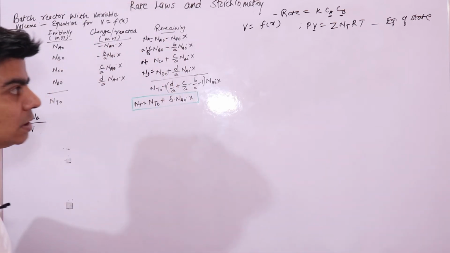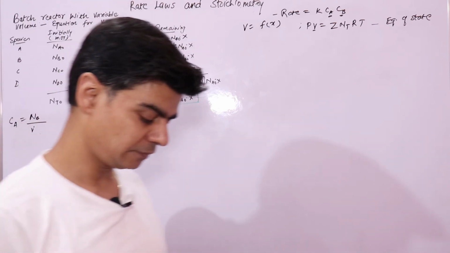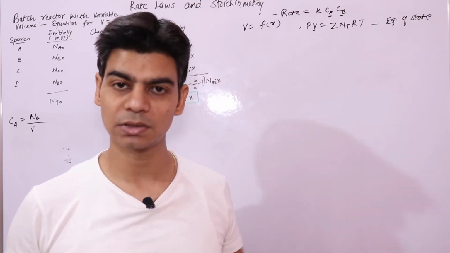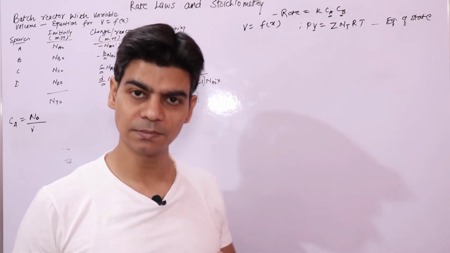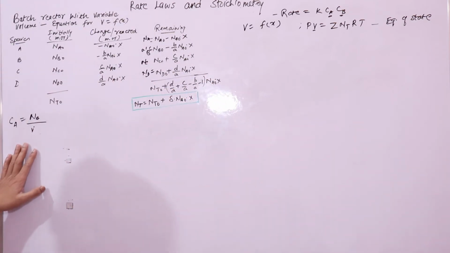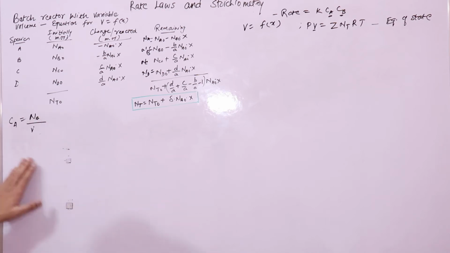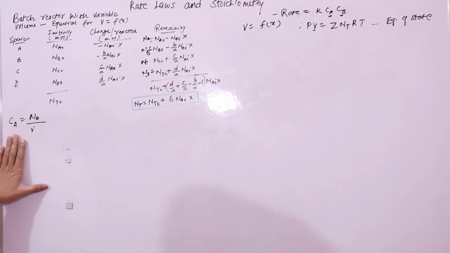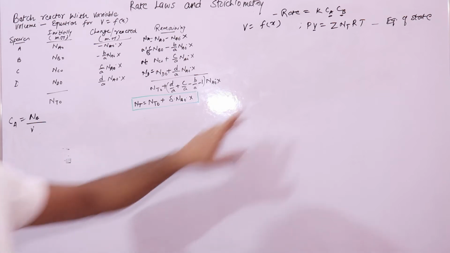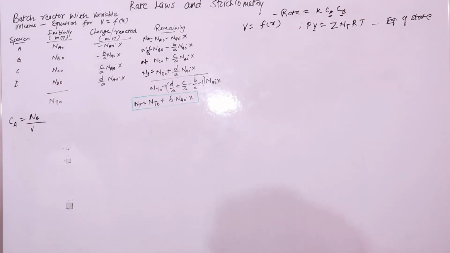So first, in this video lecture, we will derive volume as a function of conversion for batch systems. Using the concentration expression, we will find concentration in terms of x, then substitute it over here like we were doing before.